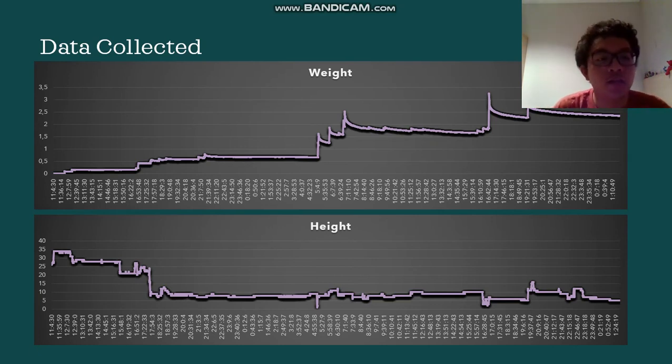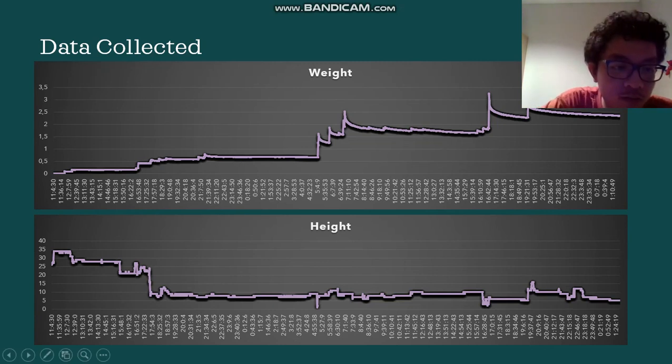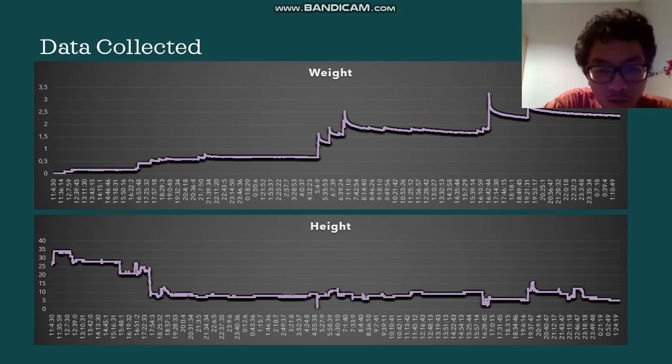And the height, as we can see, is very high, around 30, but for only a quarter part of the graph, it becomes around 10 to 5.